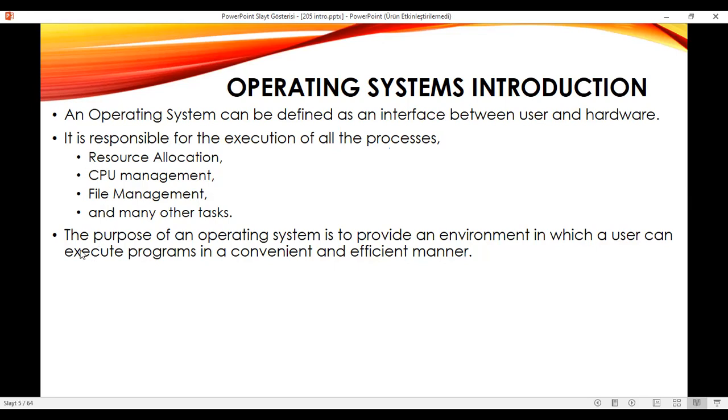And we can say the purpose of an operating system is to provide an environment in which a user can execute programs in a convenient and efficient manner. So this is the purpose of the operating system.